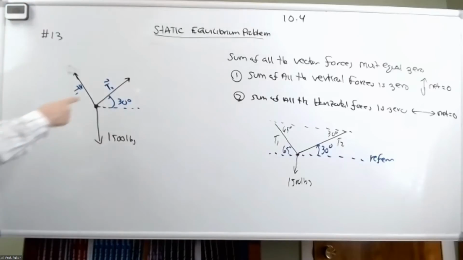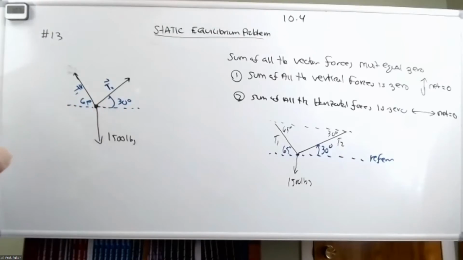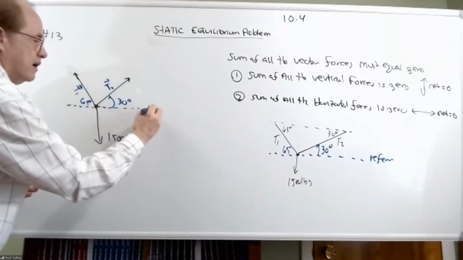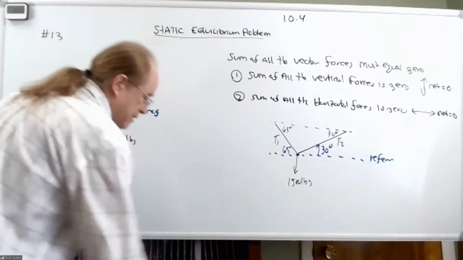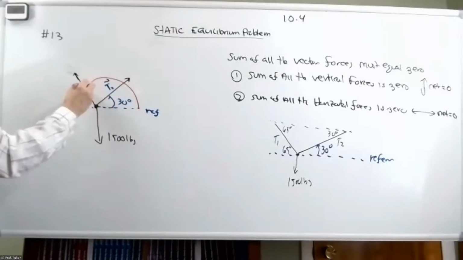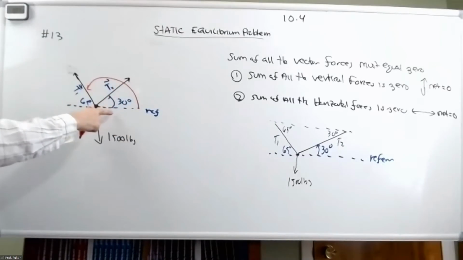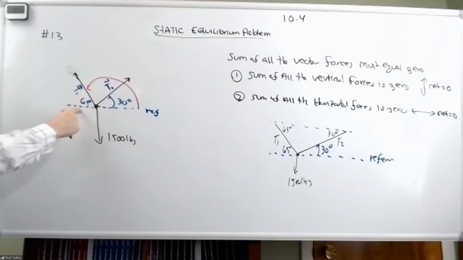Now, what I also need is this angle here, 65 degrees. Since this is my reference side, I'm going to reference all my angles from this. I go from here to here. That angle, this red angle plus 65, has to add up to 180 degrees.